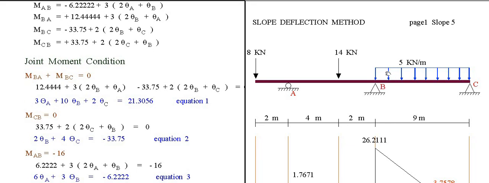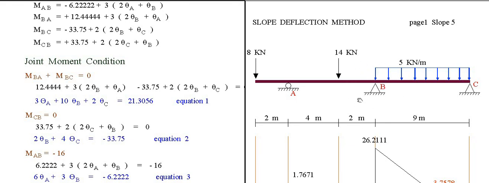Now the direction of moment at B is clockwise here, a certain magnitude. Then the moment on the left of B, the direction is counterclockwise here, then clockwise here.